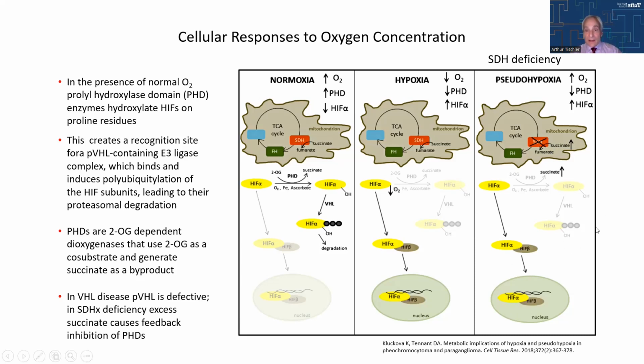But the exact mechanisms of tumorigenesis with VHL and SDH mutations are quite different, because in VHL, it is the VHL protein itself that's defective. So it's a rather late stage in the degradation of these factors.